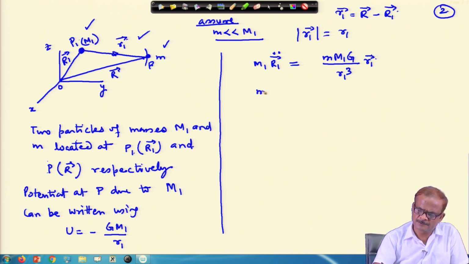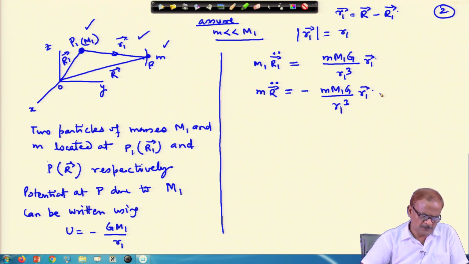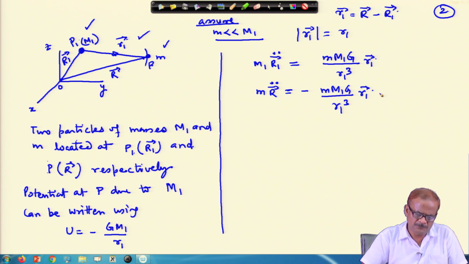Similarly, for the small mass we can write m r double dot equal to minus m m 1 g divided by r 1 cube. There is no problem in this, we have done it numerous times.